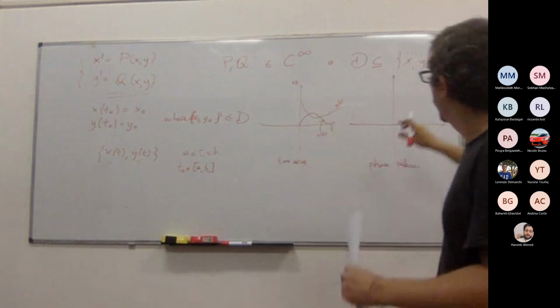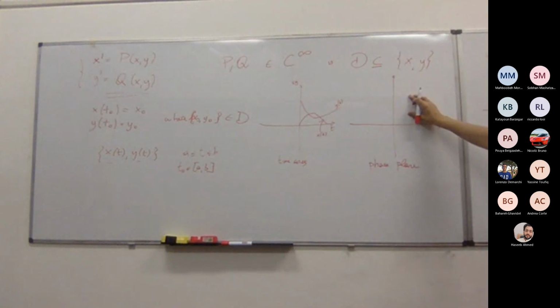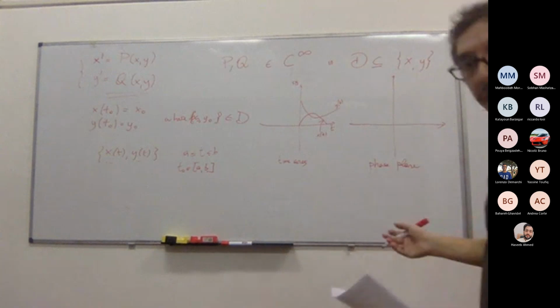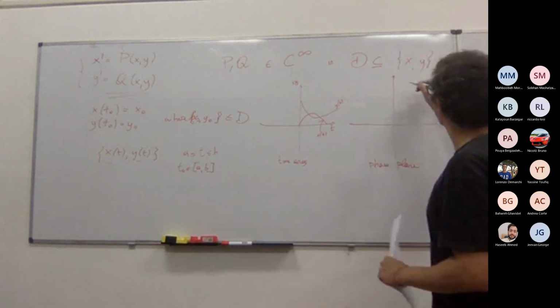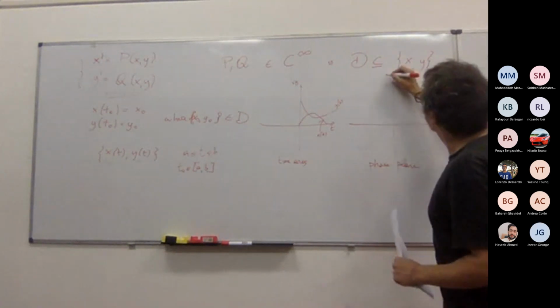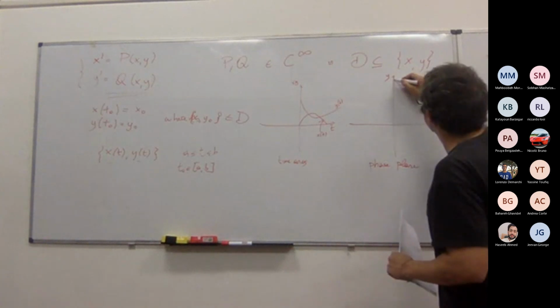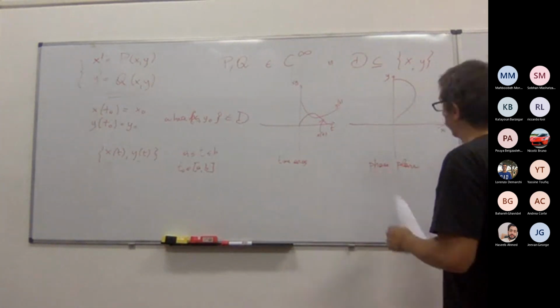You can eliminate it and plot directly just one curve. For example, in this case, suppose that I'm plotting y as a function of x, and we find something like this.